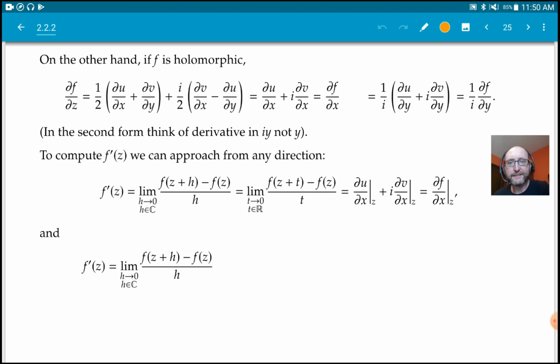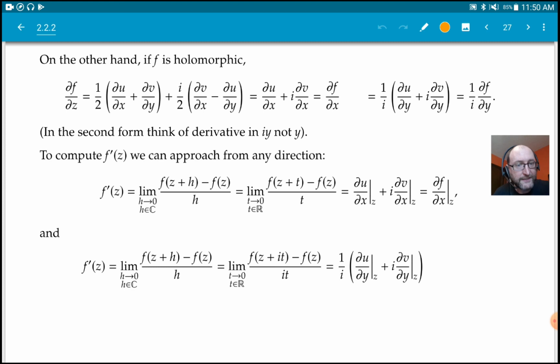Now, I'm starting with the same thing, and instead of going along the real axis, I'm going to approach along the imaginary axis. So I'll write it like this. So t is still real, but now I'm putting it in the imaginary direction. I'm changing to y. Well, that's just the y derivative.